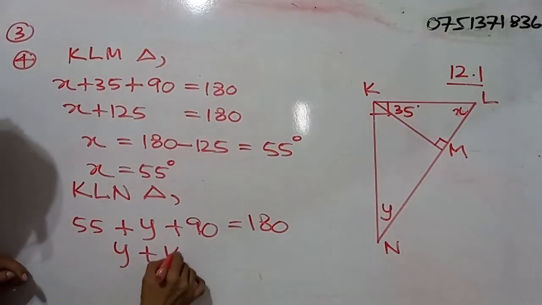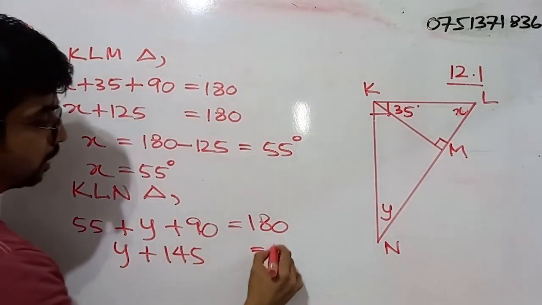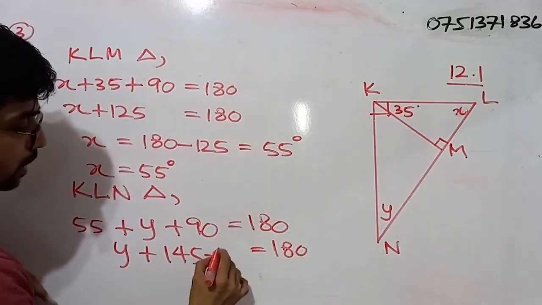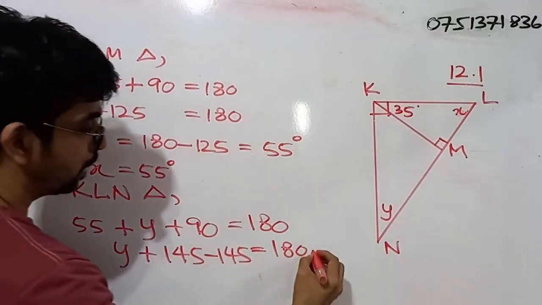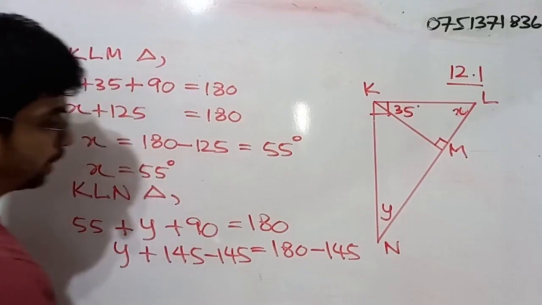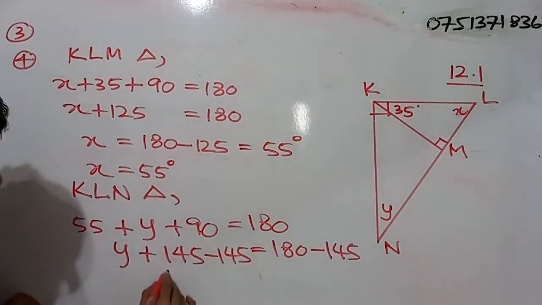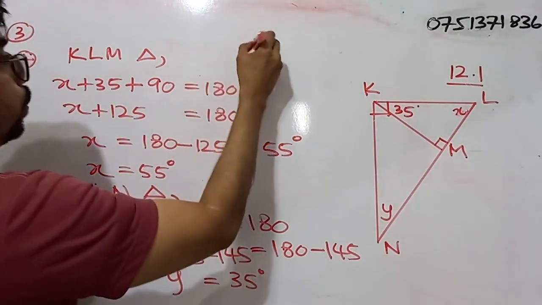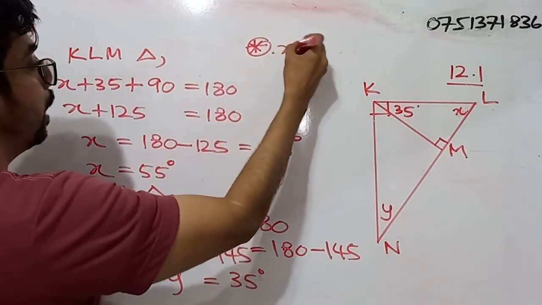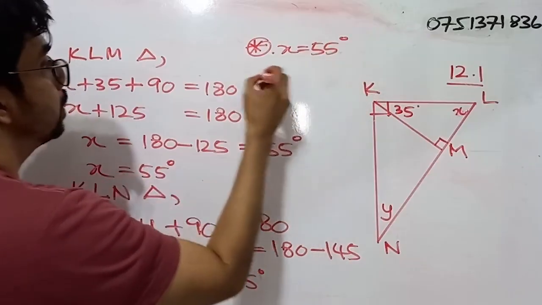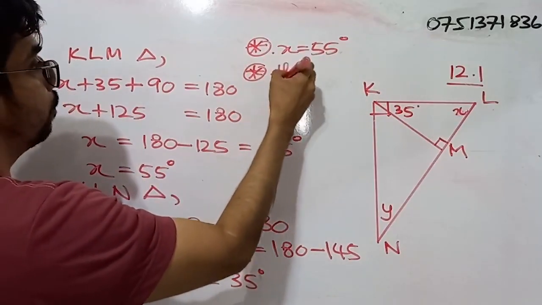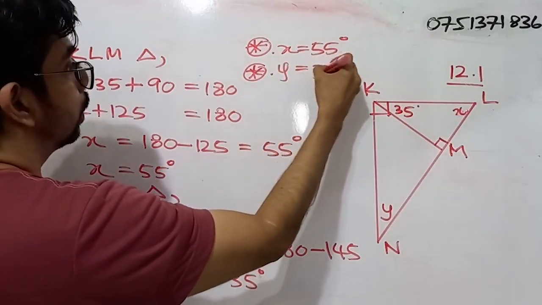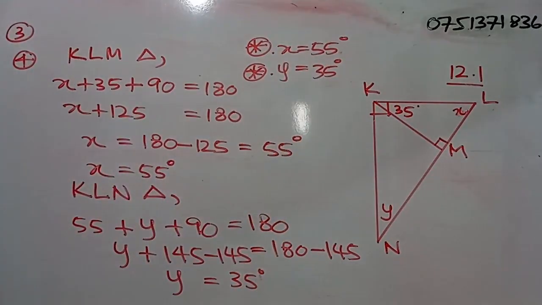Y plus 145 is equal to 180. So we can subtract 145 from here. Do the same thing to the other side. So y will be equal to what? 35 degrees. So here x is equal to 55 degrees and y is equal to 35 degrees. So those are the answers.